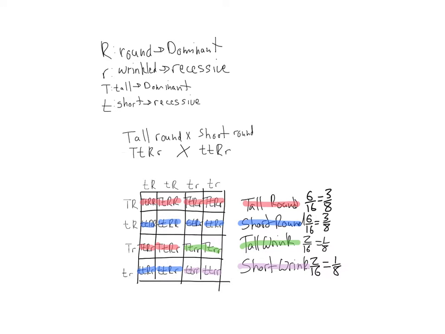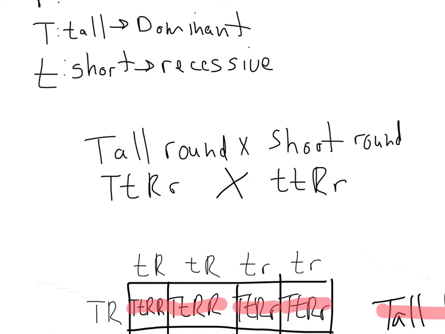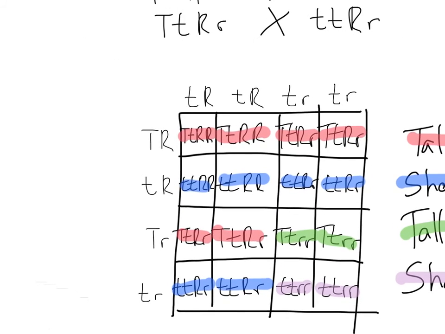So if we look, this is how we do the entire process. We start with our original genotypes, big T, big R, cross with little t, big R. We figure out what the gametes are going to look like, so that with this organism here, it's going to make a big T, big R gamete, little t, big R, big T, little r, little t, little r.